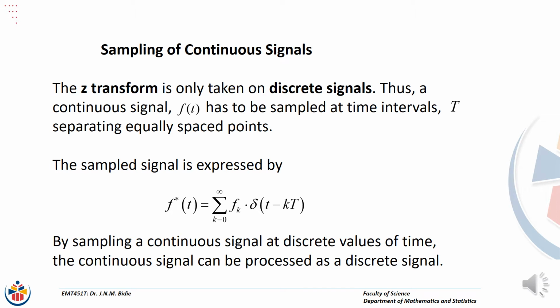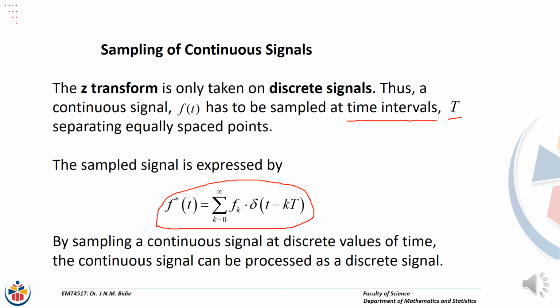So if you've been given a continuous signal, say f of t, and that has been sampled at time intervals T, which are separating equally spaced points, then we can get a sampled signal expressed as the sum of fk multiplied by delta of t minus kT from k equal to 0 up to infinity.